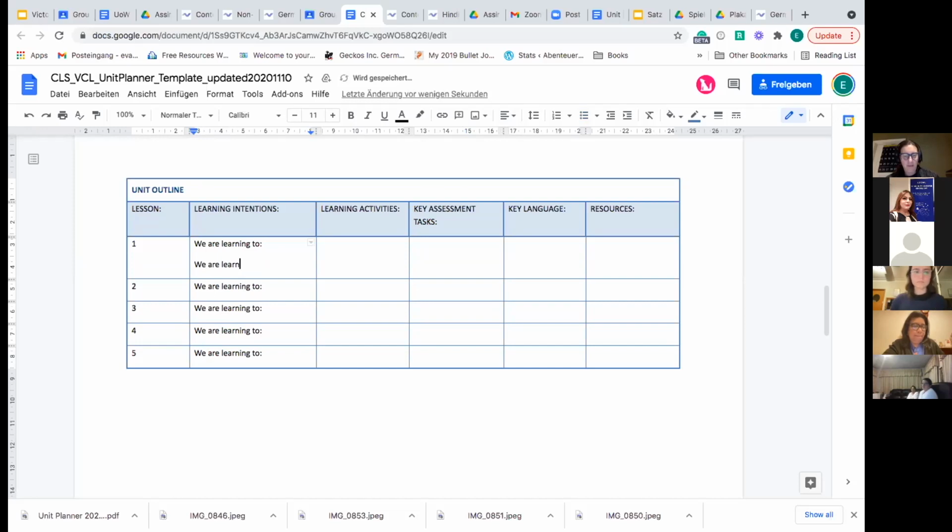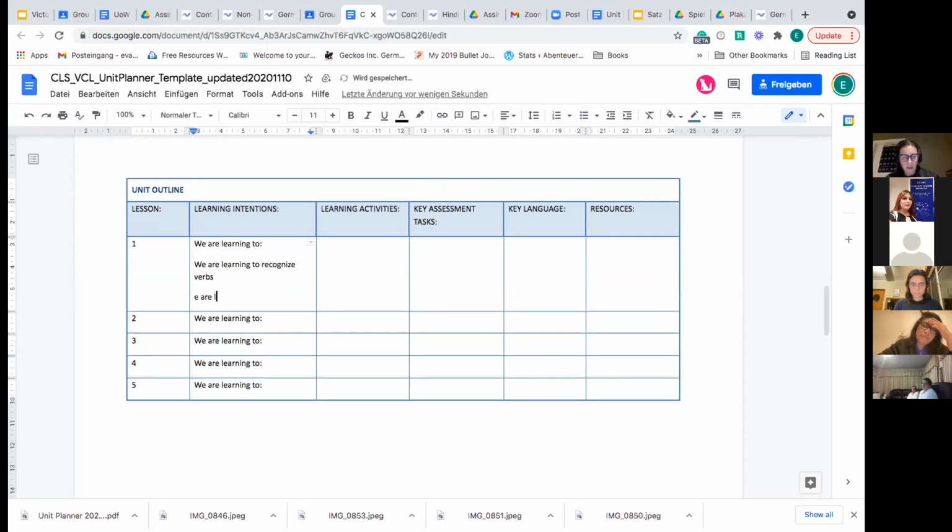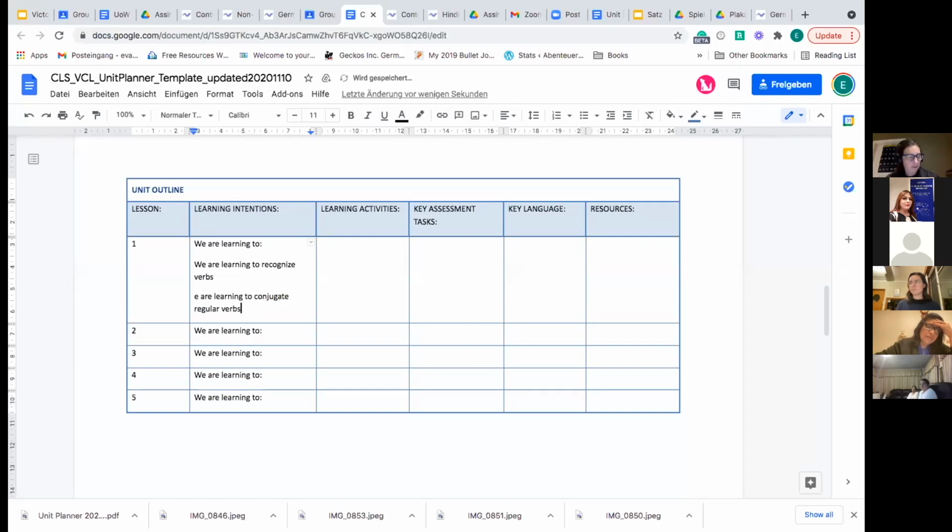We are learning to recognize verbs, learning to conjugate regular verbs using present tense.